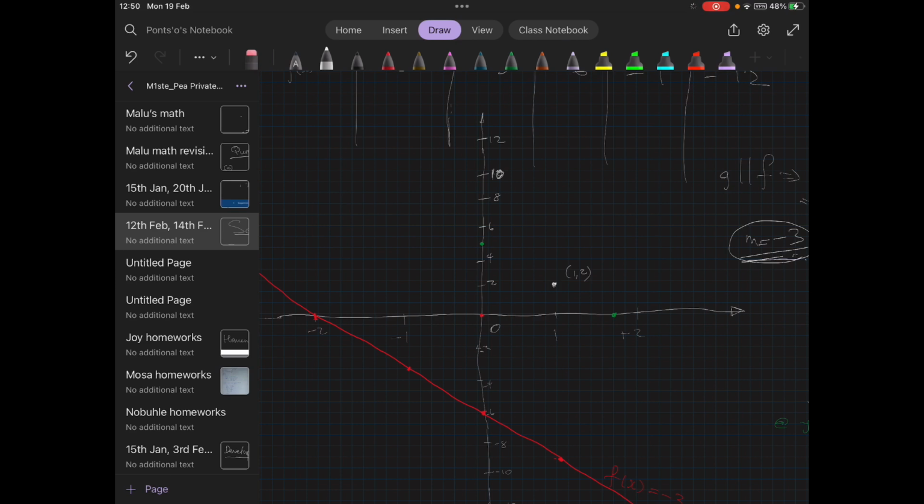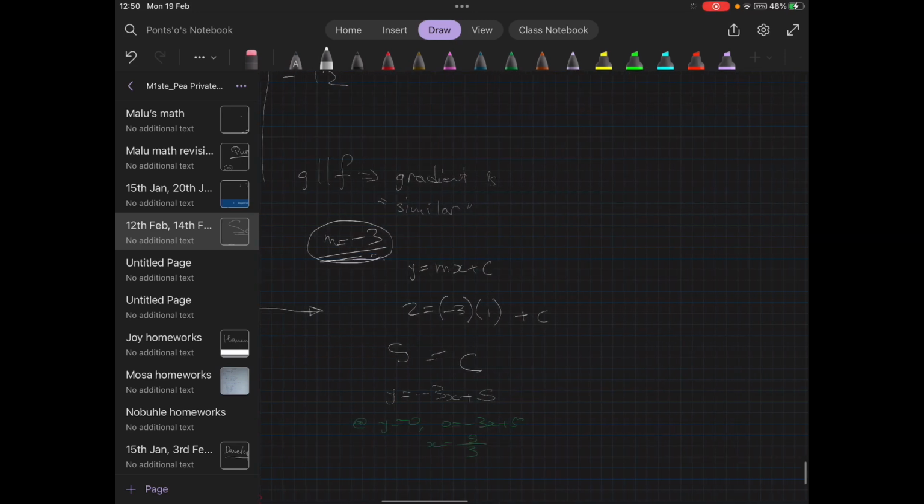So the product of gradient 2 and gradient 1 should be 1. Okay. So basically what you did was you calculated the gradient from this equation, in a way. Let's do it like this.